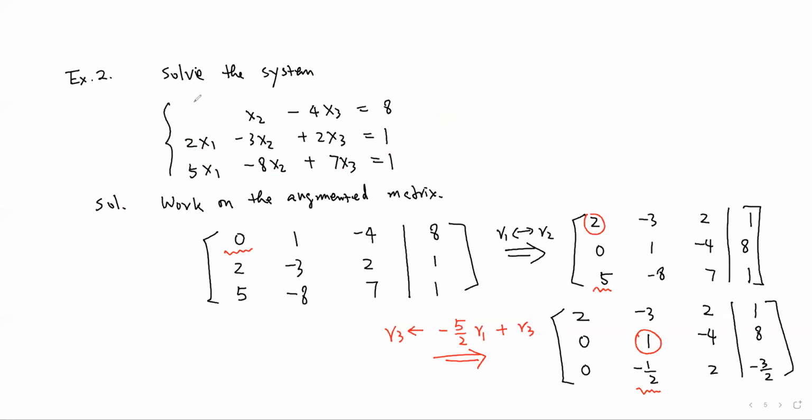I still use this linear system, but I change this number. Let me change this number from 7 to 6, okay, and solve the linear system again. Example 3.